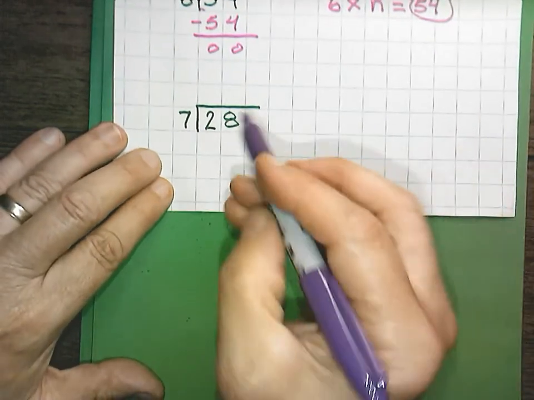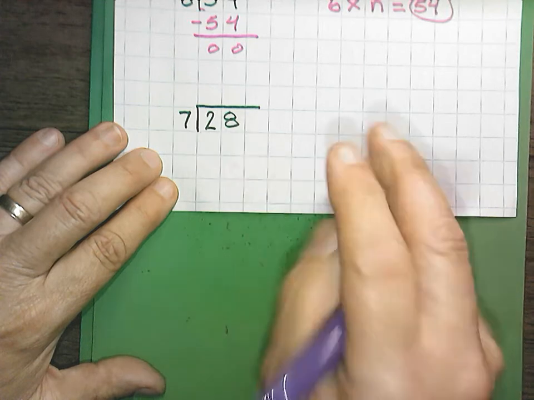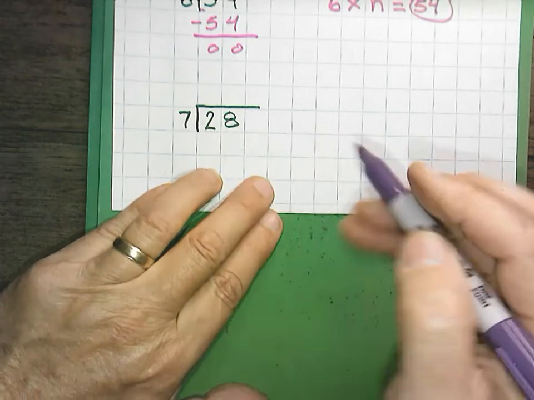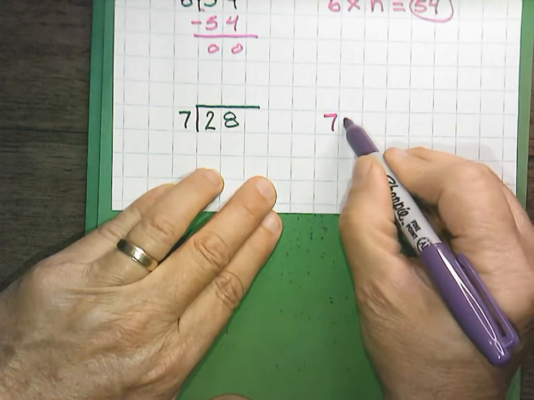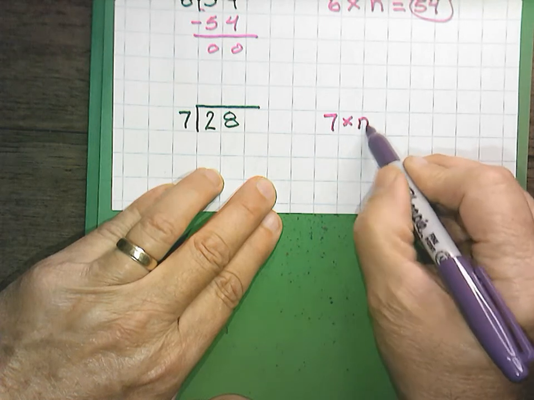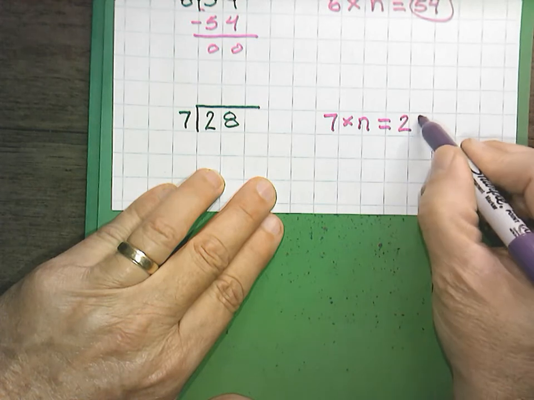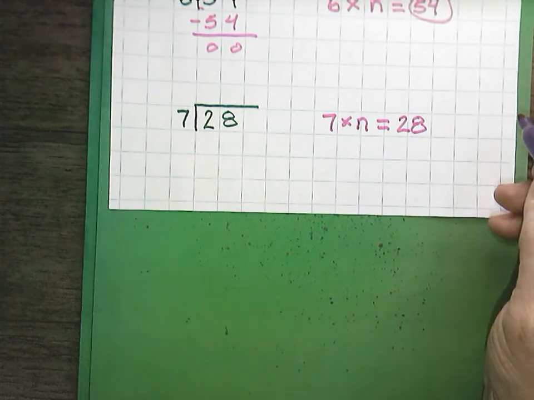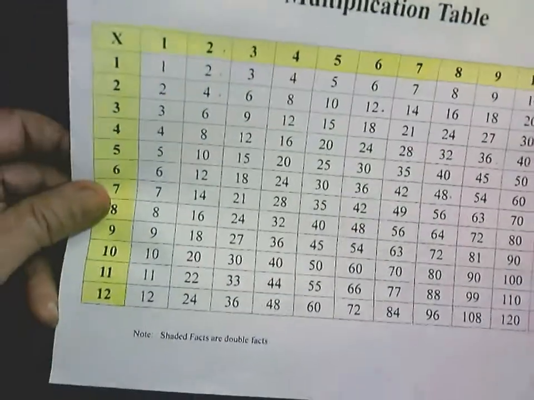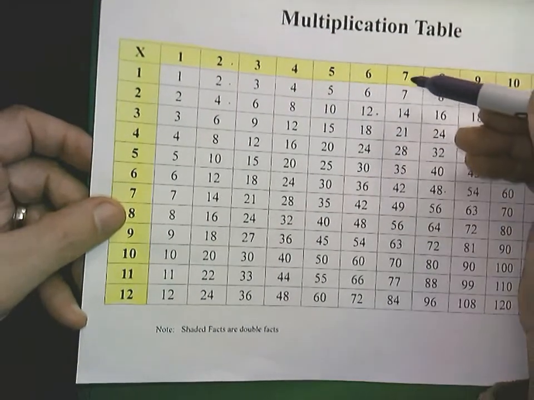And finally, one more, 28 divided by 7, so it's going to be 7 times n is equal to 28. And if I use my fact chart, which I know it's going to be 4, here's my 7.